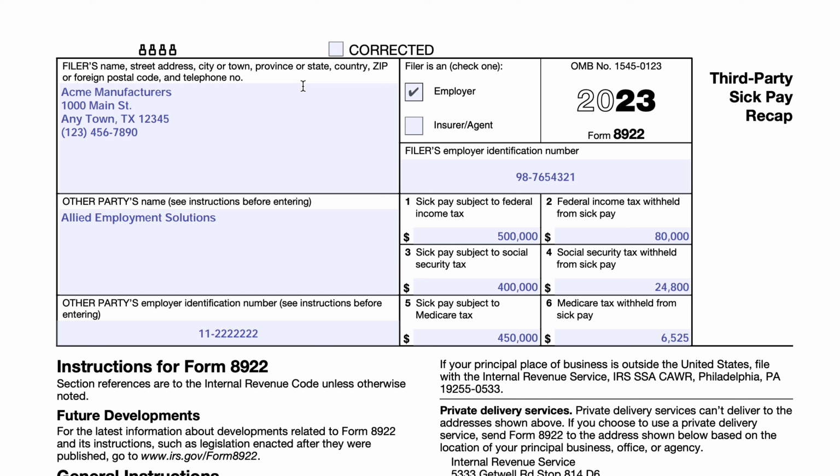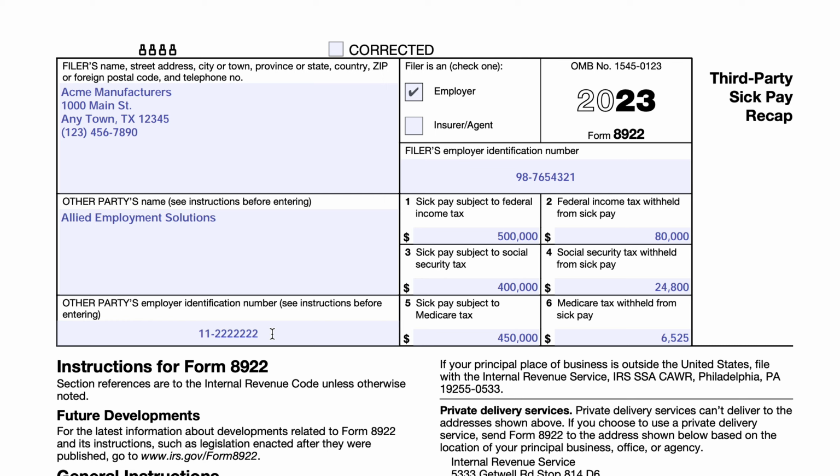If for some reason there's an employment agreement or a third party agreement where that third party payer is also responsible for filing, then the third party would have their information here. They would check this box, and then they may, but they don't have to, enter the employer's name and tax ID number in the other party's field.